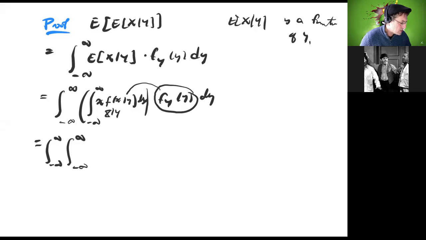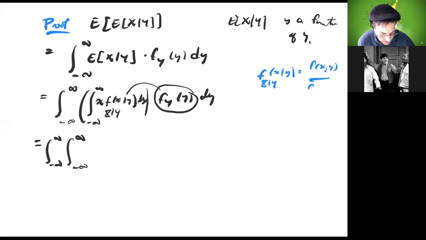This becomes the same thing as... but let's remember that this expression is given by the joint density divided by the marginal density in y.